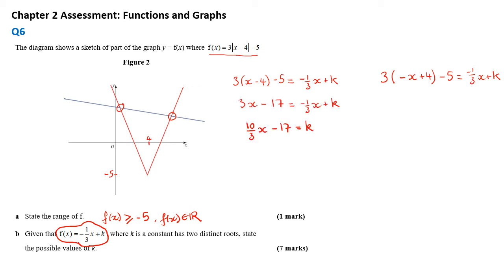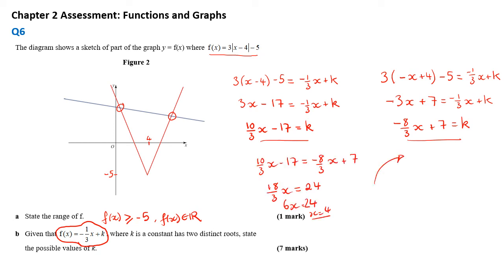In our first equation, we get down to this, 10/3 of x minus 17 equals k. And in the second version of the equation, we've now got two equations in two unknowns, and we can actually solve these to find the values of x and k. Solving these simultaneous equations gives us x equals 4.